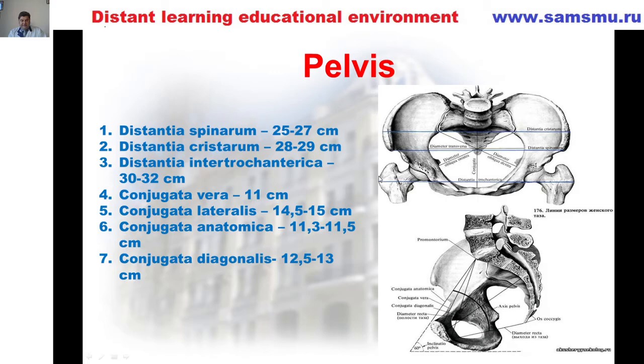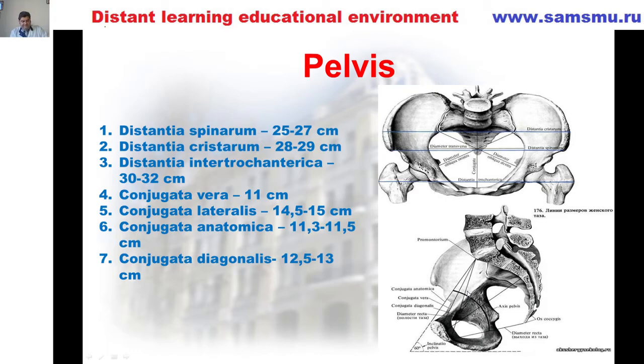The distance between the two greater trochanters, the intertrochanteric diameter, distantia intertrochanterica, measures 30-32 centimeters. After that, the external anterior-posterior diameter is measured. The distance from the symphysis to the depression between the last lumbar and first sacral vertebra, you may see on the lower picture.